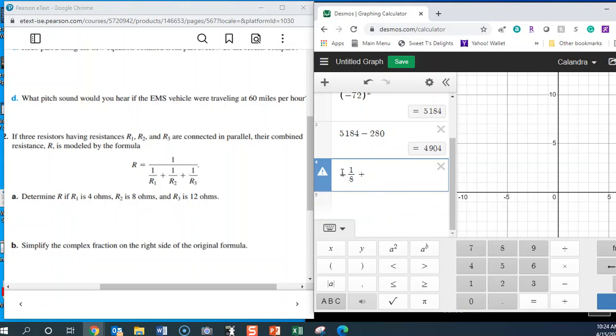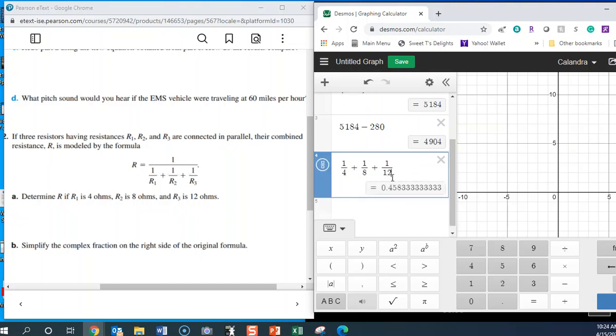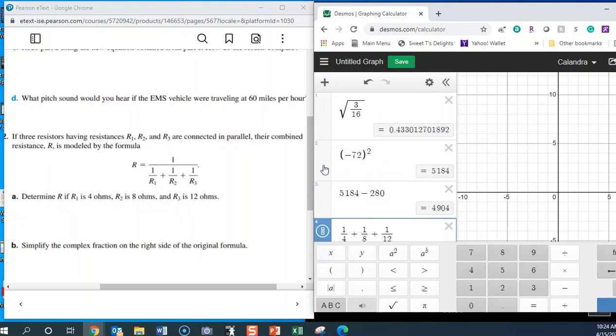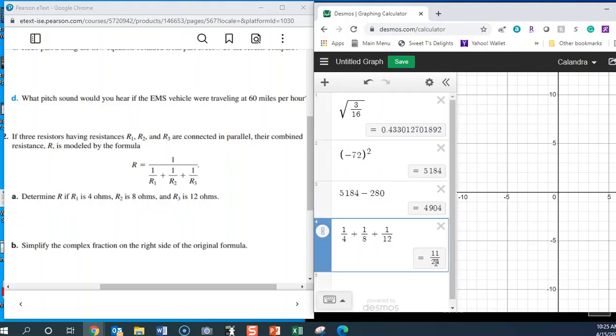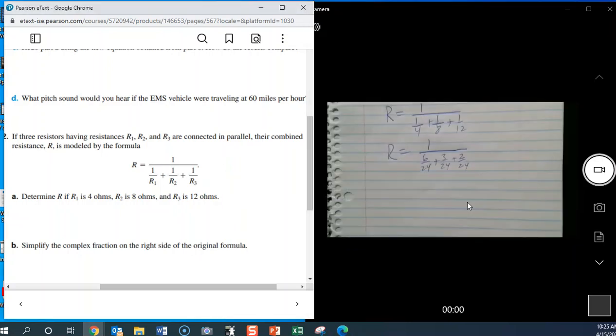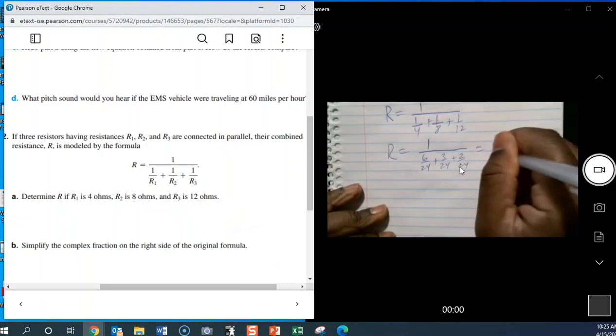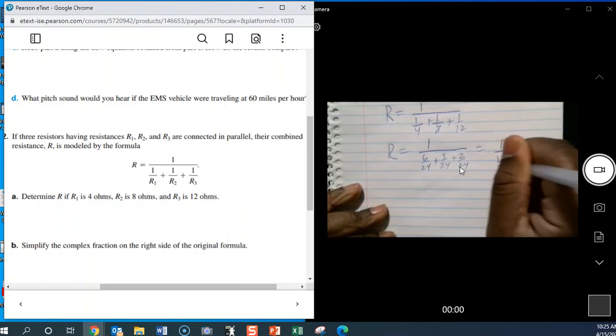It's supposed to be 1/4. All right, 1/4 plus 1/8 plus 1/12. Now that gave us a decimal, but if we click here, it would have given us the fraction 11 over 24. So that's one way you could have done it, or you could have done it by hand, because this ends up giving us 1 over 11 over 24.